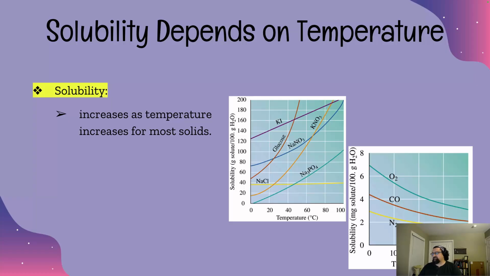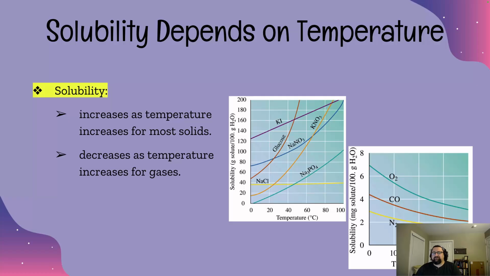It doesn't necessarily do it with salt, for instance. If you're looking at that solubility curve there, it stays relatively flat. More will dissolve, but negligibly so. It doesn't increase a whole heck of a lot. Whereas with glucose, you'll see that sharp curve. As temperature increases, glucose dissolves a whole lot more.